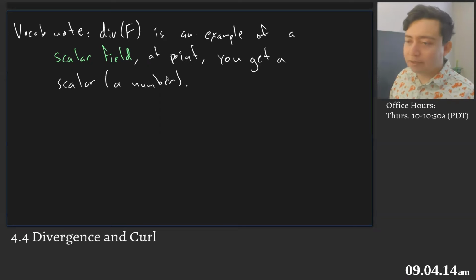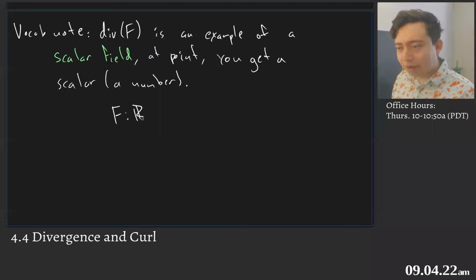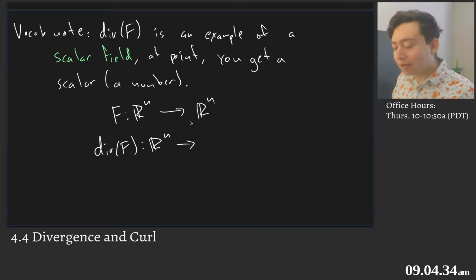Okay, and so here we get an example of a scalar field. It just means that because f is a function from Rn to Rn, the divergence of f is still a function in n variables, but instead of giving you a vector, it gives you a number.